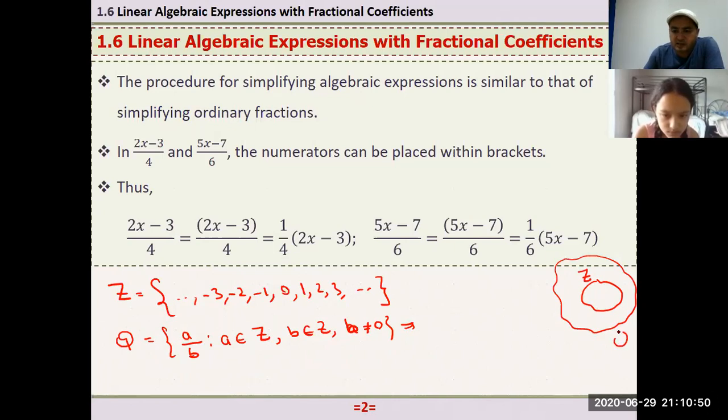Every integer is a rational number, but not every rational number is an integer.